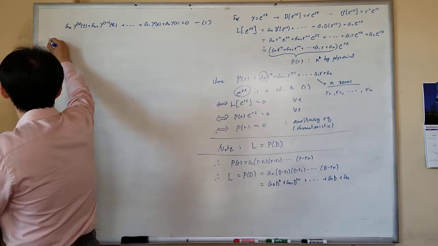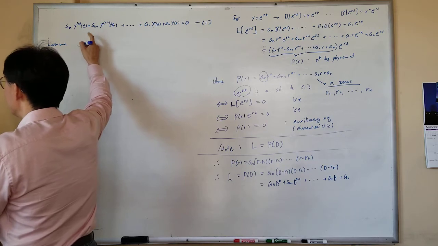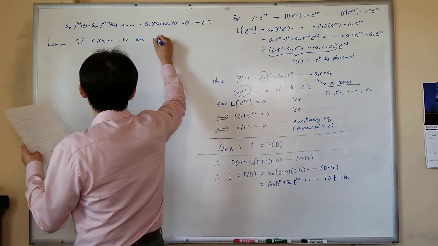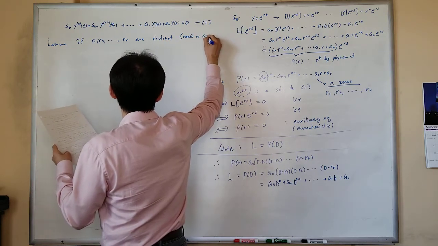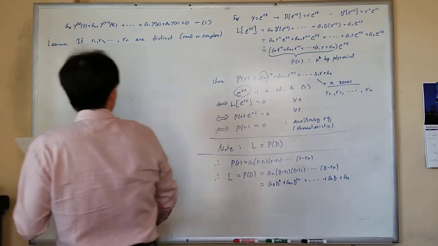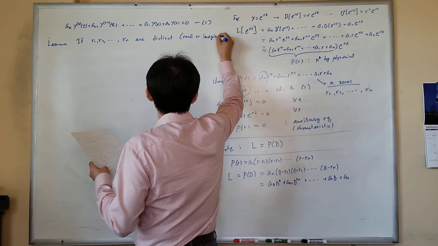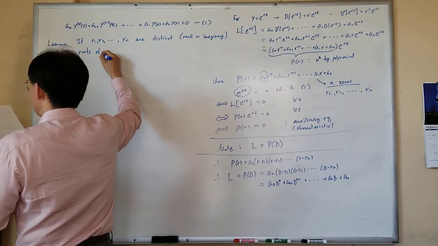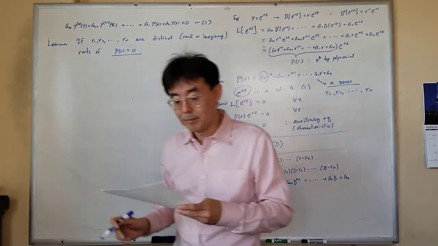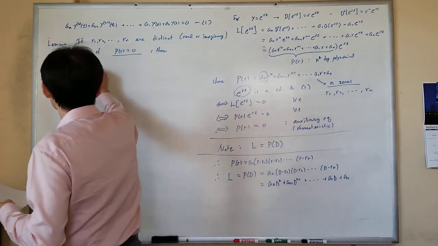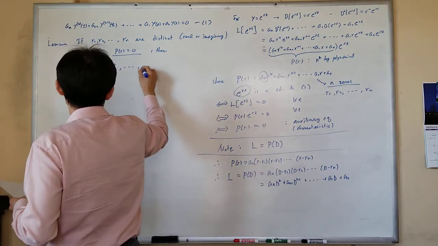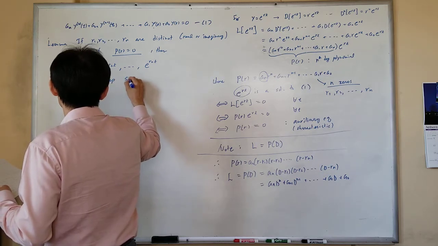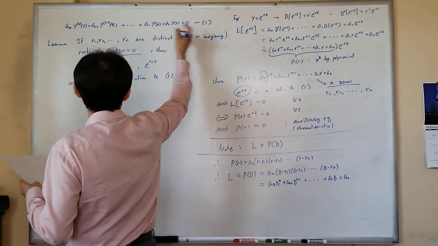Now, lemma. Look at the lemma. If r1, r2, all the way to rn are distinct roots of the auxiliary equation, real or complex, either way, then e to the r1 t, e to the r2 t, all the way to e to the rn t are not only solutions but linearly independent solutions to this equation.